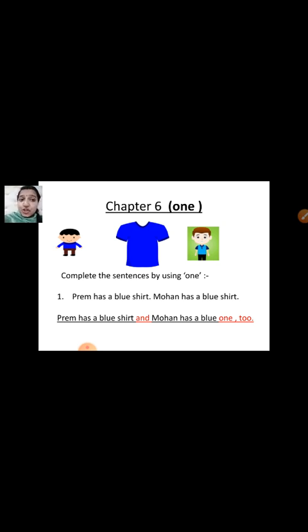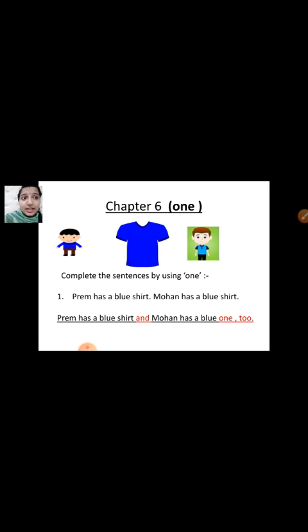Prem has a blue shirt and Mohan has a blue one, comma, too. Understood? This is a rule. Do not repeat "shirt" again. Blue one, comma, too.